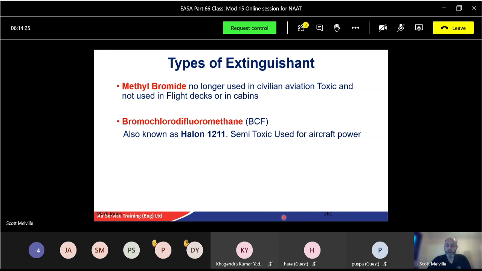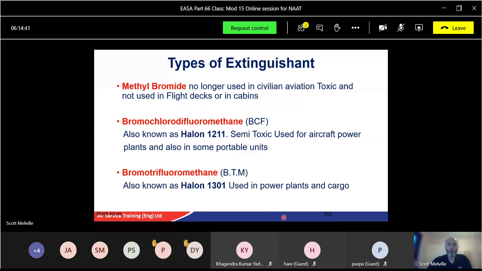Semi-toxic, used for aircraft, power plants, and also some portable units. And another halon type is bromotrifluoromethane, commonly known as BTM. It is also known as halon 1301, used in power plants and cargo hold suppression systems. So definitely remember these two.